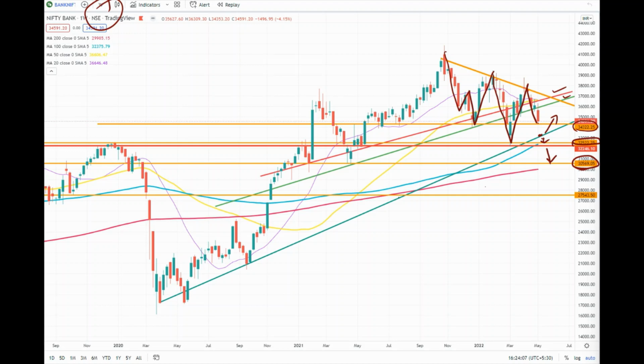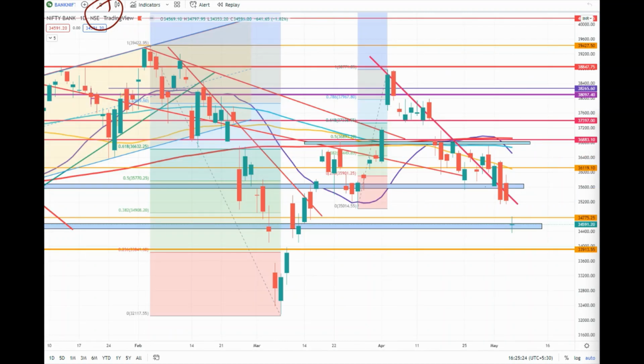From the daily time frame chart, you can see clearly that for some time this was the range, and this range got broken, and then these two blue bands were the range for almost 12 trading sessions, and on the 12th and 13th trading sessions this level got broken, and the market went down till this other blue band.